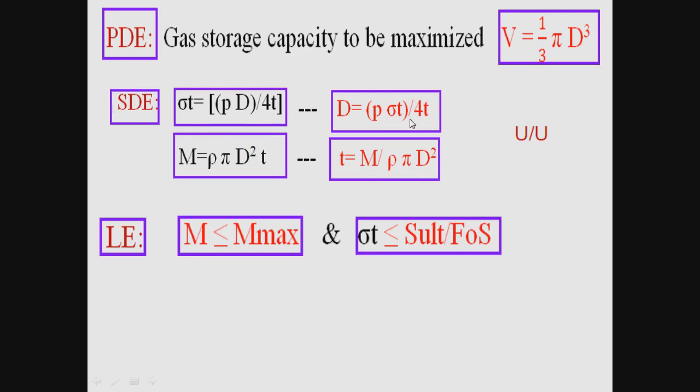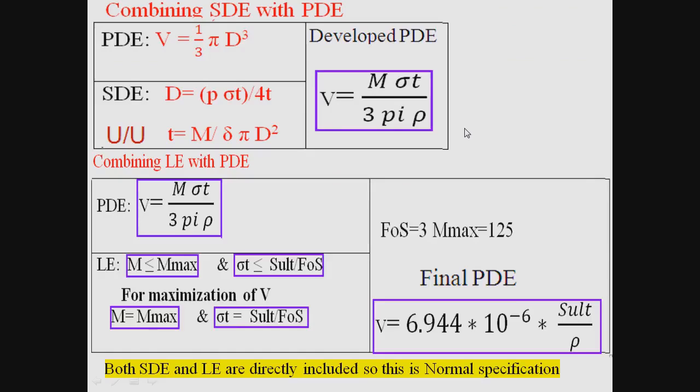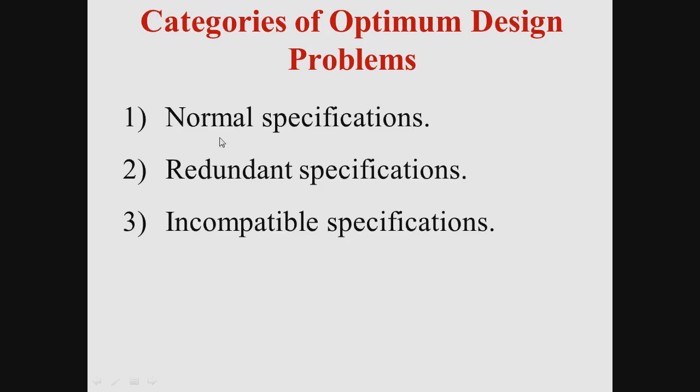In that case it is not the case of normal. If we are not able to substitute secondary design equations in primary design equations, then it is called the redundant specifications optimization problem.